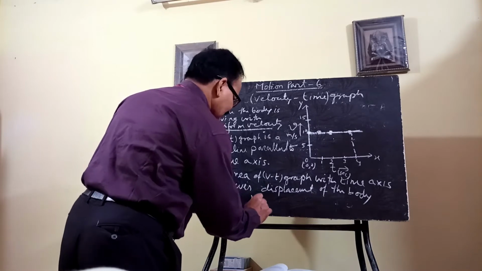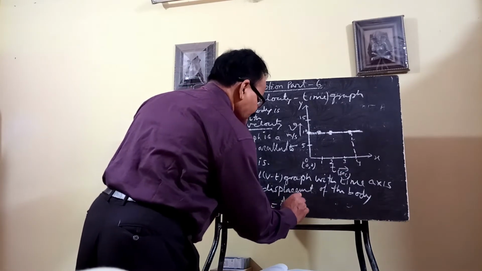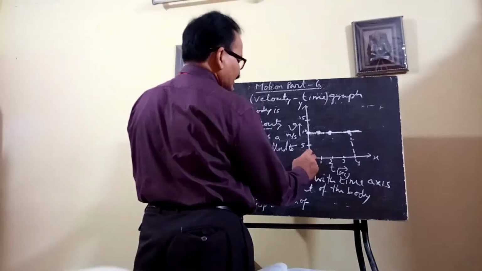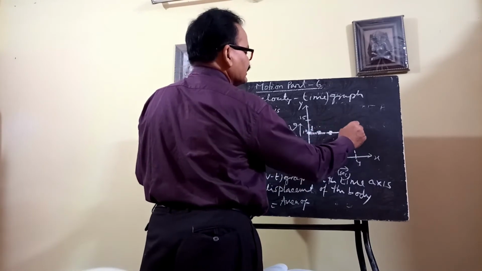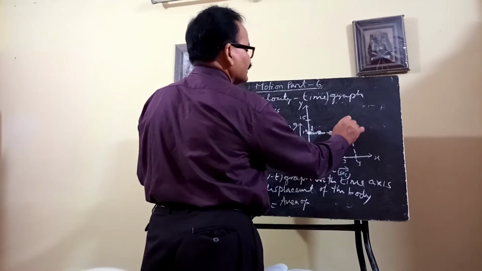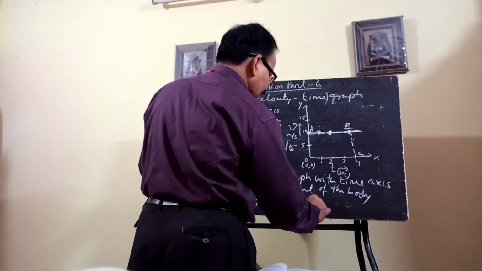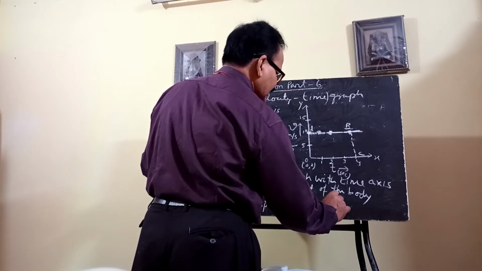Then displacement equals the area of the rectangle. Suppose here it is O, this is point A, this is B, this is C. So the area of rectangle OABC.